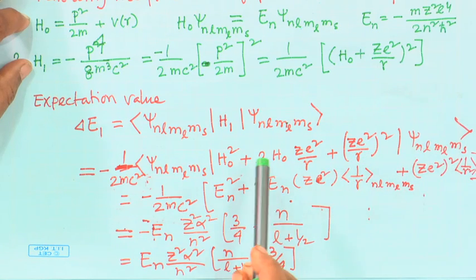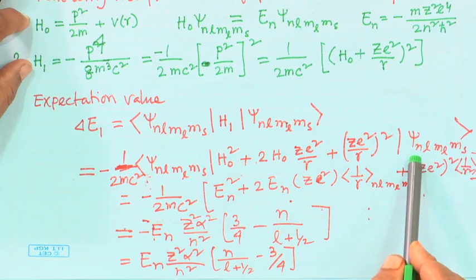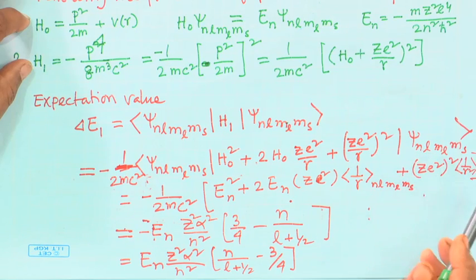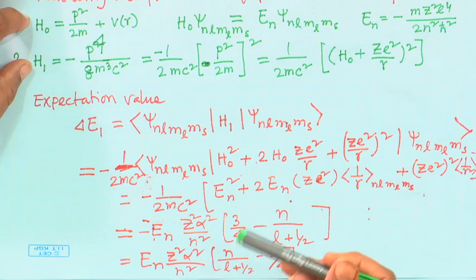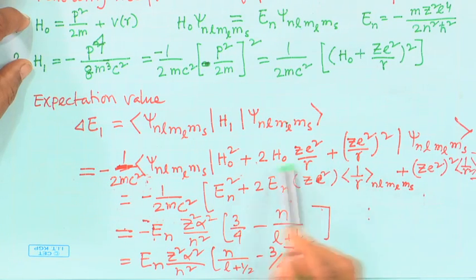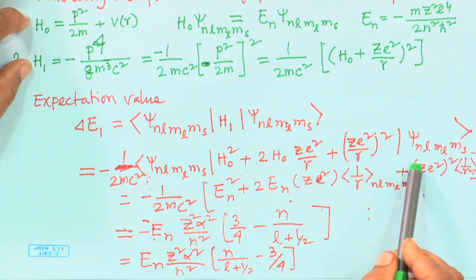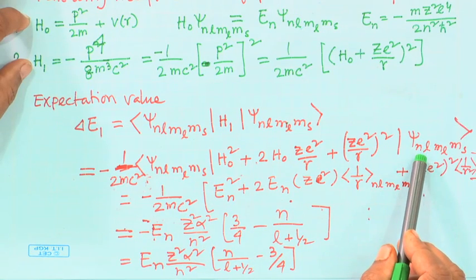Now these three terms will be operated on psi, and if it is an eigenvalue equation, then you will get the eigenvalue. H0, if you operate on psi, gives En.